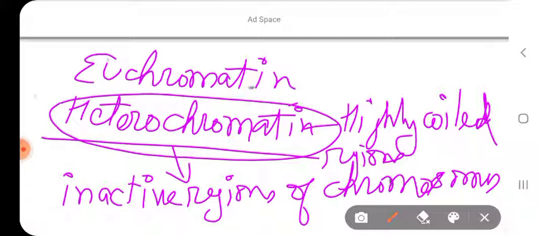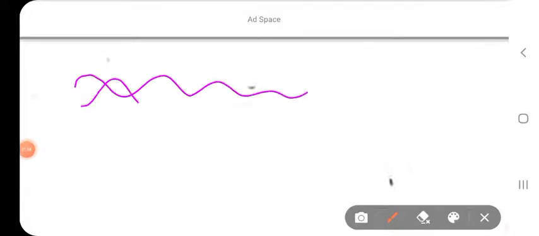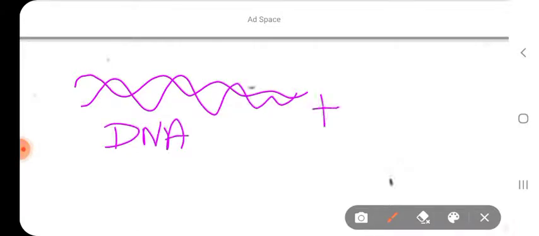Well, chromatin is composed of DNA and histone proteins. Chromatin are those regions made up of DNA and histone proteins. So normally when we say chromatin, it is composed of DNA with histone protein.